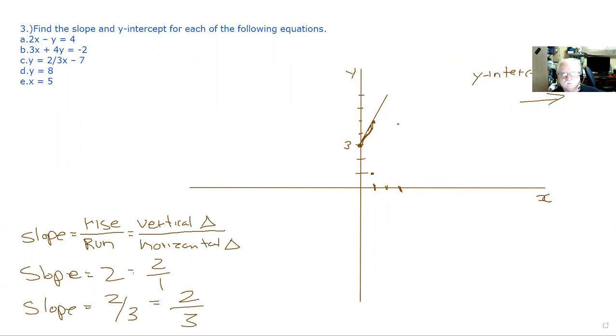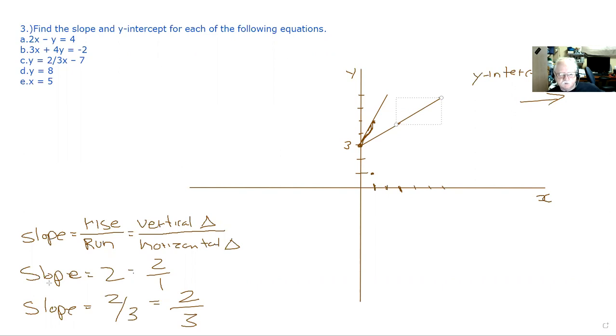So the line would look like this. If we did another 1, 2, 3, the line would go up another 2, and we'd be like here.